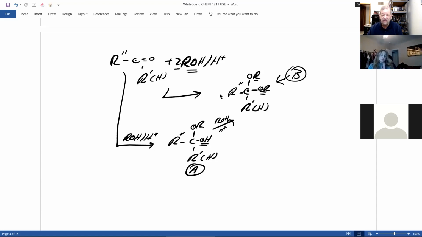Well, it turns out you can have unsymmetrical formation by taking the hemiacetal A or ketal and reacting it with a different alcohol. This A you can isolate.